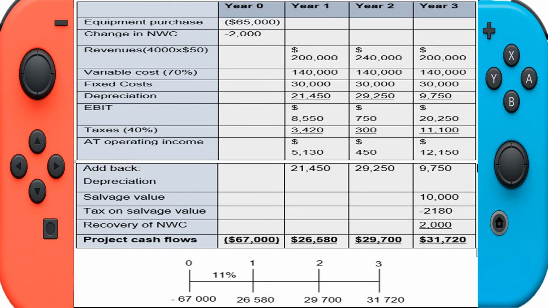Given the $67,000, which is the initial investment, and equipment depreciation expense of $21,450, $29,250, and $9,750 for years 1, 2, and 3 respectively, and other projected calculations and factors, the project's cash flow is approximately $26,580 in year 1, $29,700 in year 2, and $31,720 in year 3 accordingly.